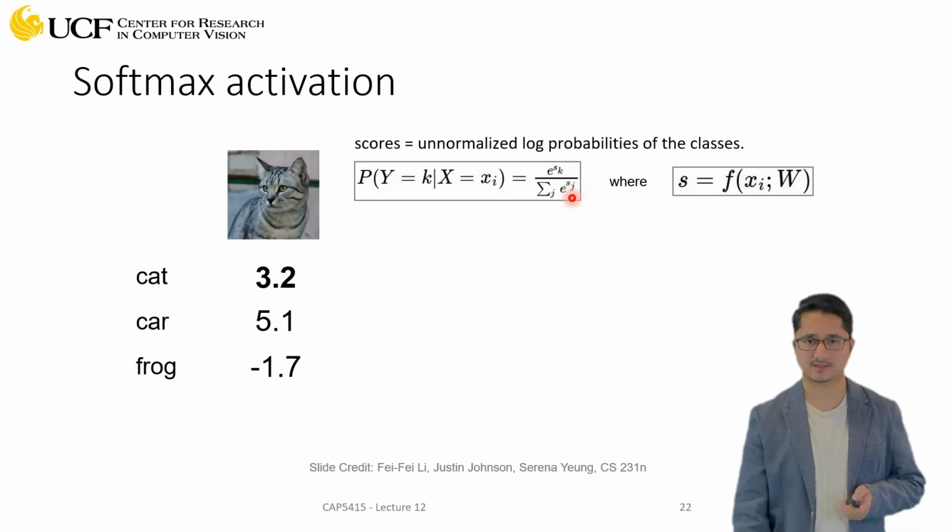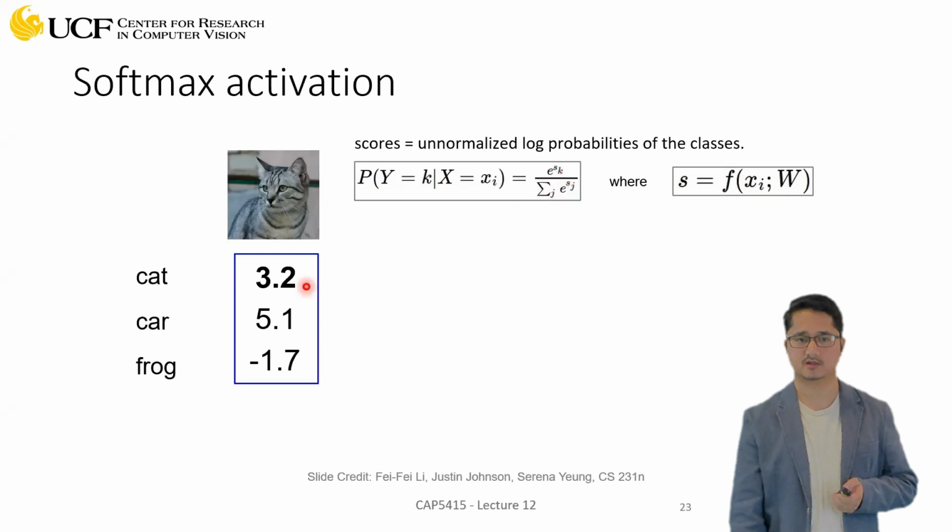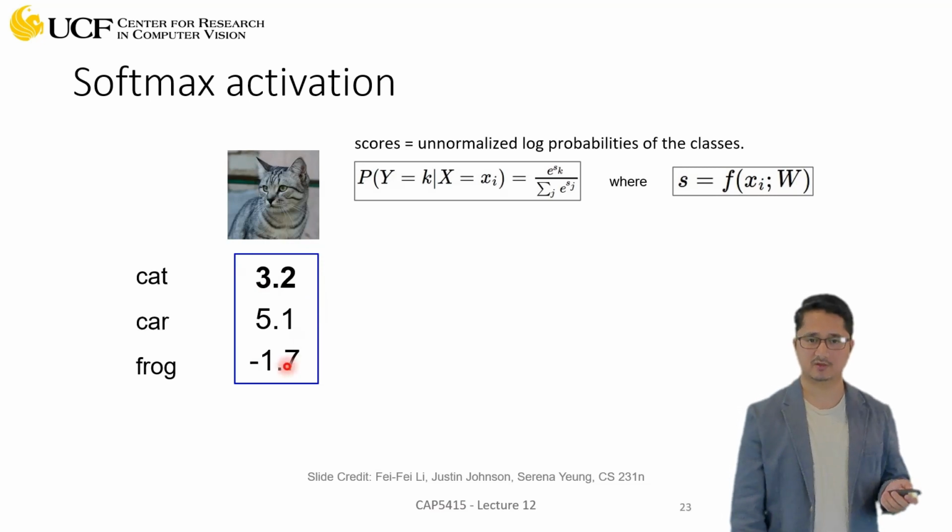So the basic step is, you need the exponent of all the predictions, right? So let's do that. If these 3 are your network predictions and this was a cat, but your network predicts 3.2, 5.1, negative 1.7, how can I interpret this? This is a negative value, so I can say, okay, frog is not present. This is 5.1, seems positive, so car could be present, right?